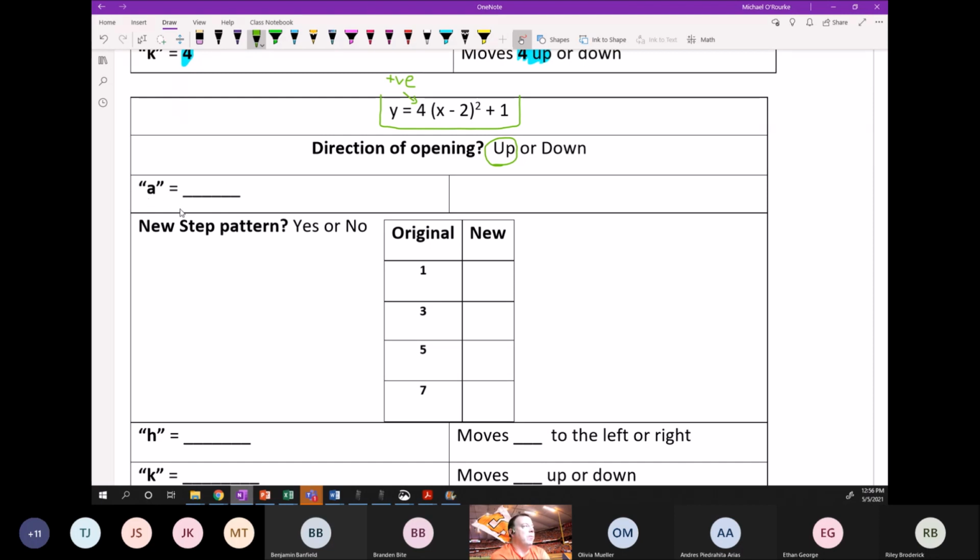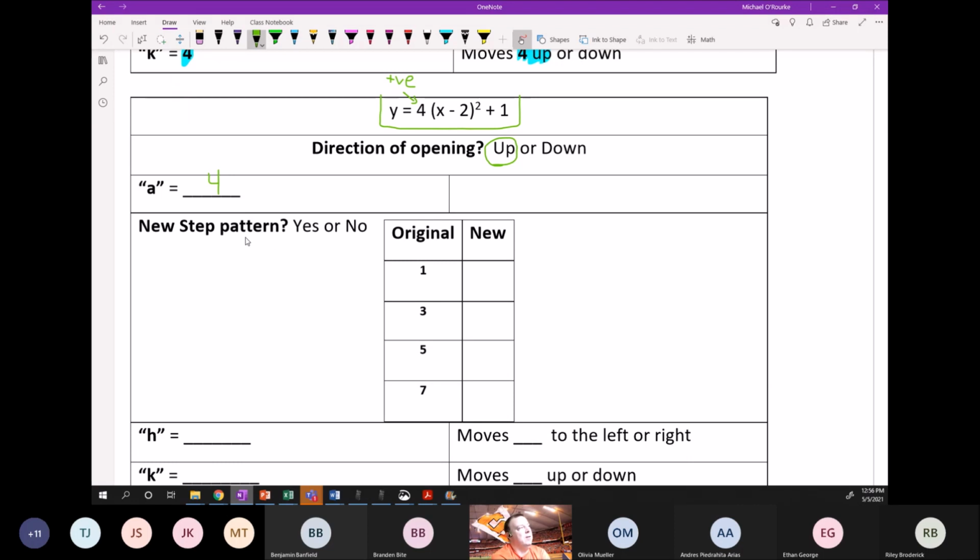What's my A value here? What's my value for A for this one? Yosan says 4. I agree with her. So Yosan can no longer answer any questions.